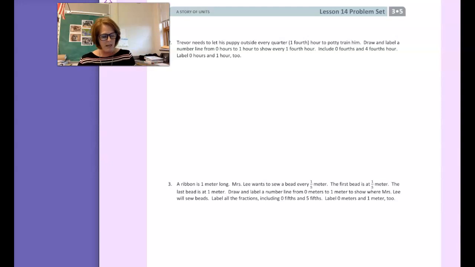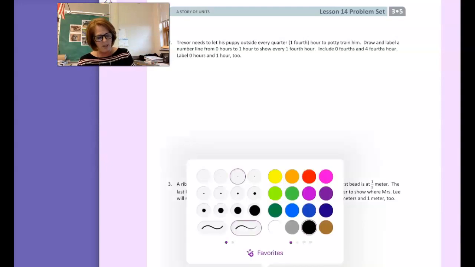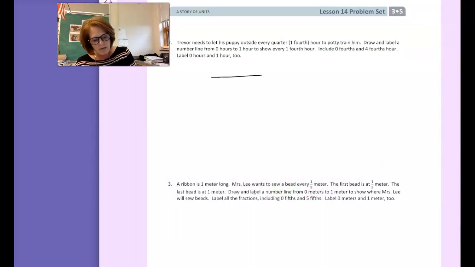So there's quite a bit here we need to do. So let's take a look at this. So we're drawing a number line. So I'm going to make my number line. Of course, this is going to be 0, and this is going to be 1. Now, this is 1 hour, and this is 0 hours.